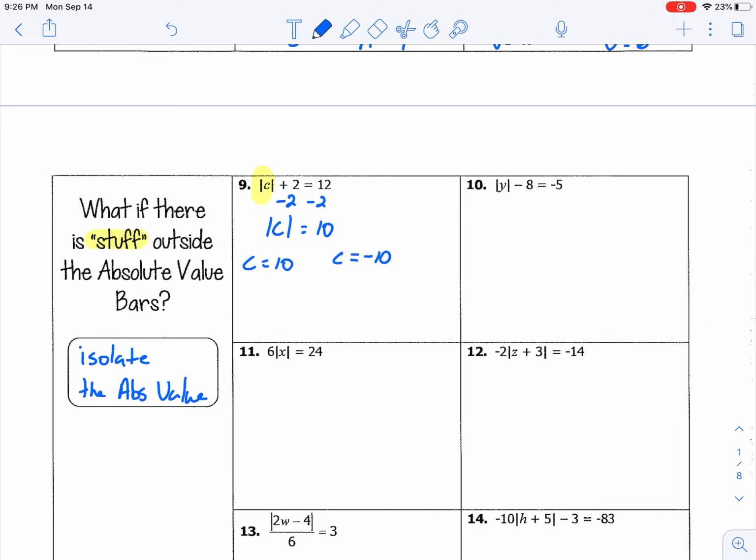Same thing happens here. There's my absolute value. We need to isolate it first. Get the yellow mark by itself. So we're going to add 8 and add 8. So we have the absolute value of y is going to equal 3. So I know y is equal to 3 and y is equal to negative 3.